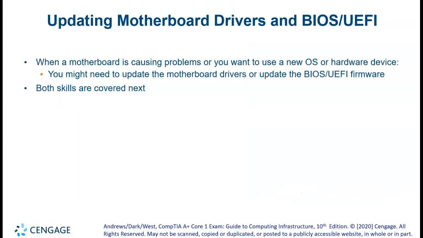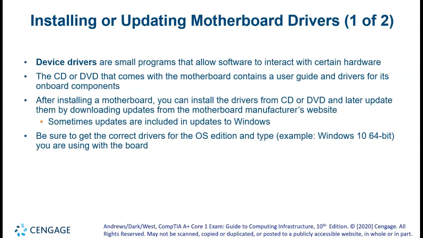When a motherboard is causing problems, or you want to use a new OS or hardware device, you may need to update the motherboard drivers or update the BIOS UEFI firmware. Device drivers are small programs that allow software to interact with certain hardware. The CD or DVD that comes with the motherboard contains a user guide and drivers for its onboard components.